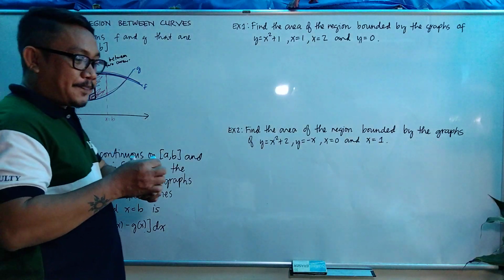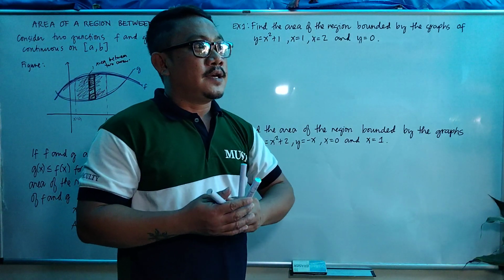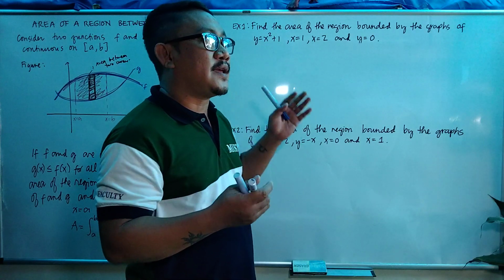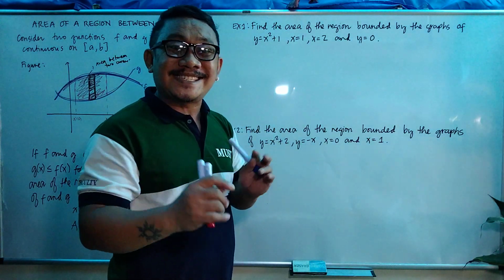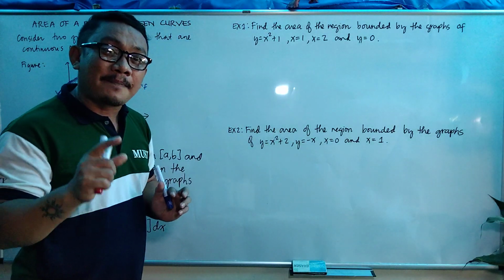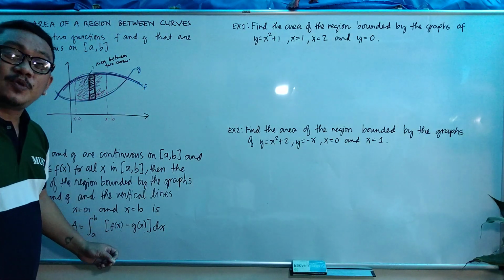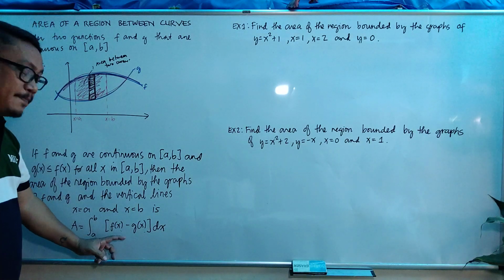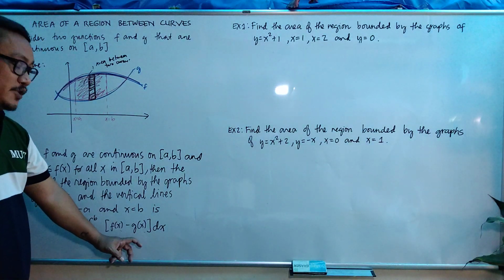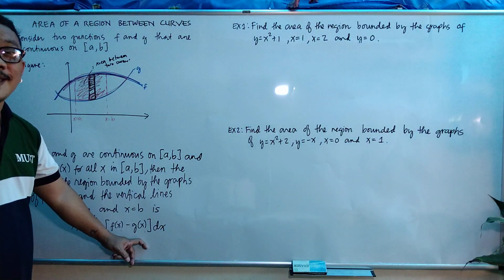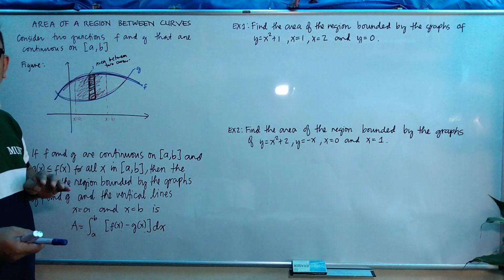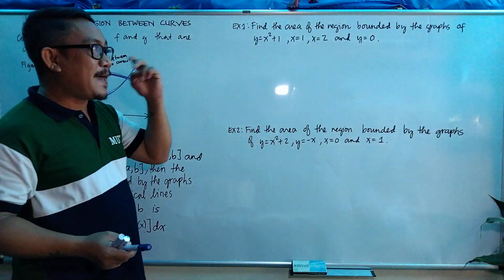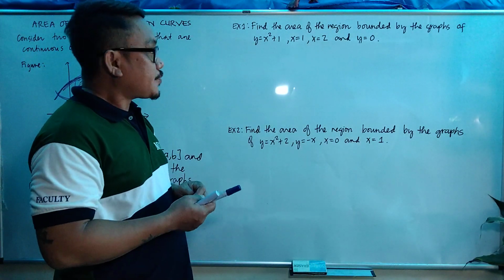Subot pa sabot, kailangan, if we will be answering, no, in finding the area, we need to first sketch the graph para ma-determine nato which between those two graphs will be our f of x and then our g of x. Okay? So, kailangan may bawaan na to. Kinsa kay f of x or g of x sa ilaha duha. Right?